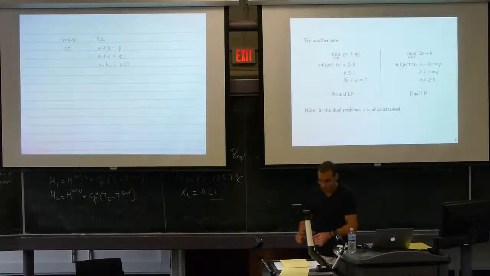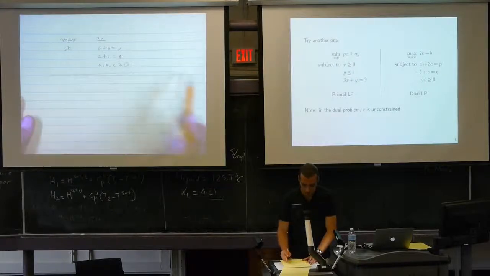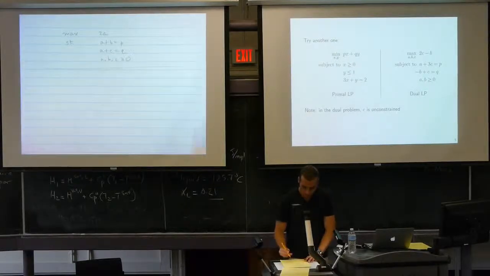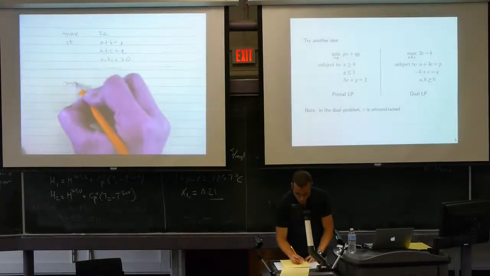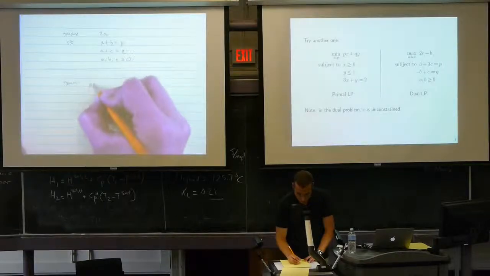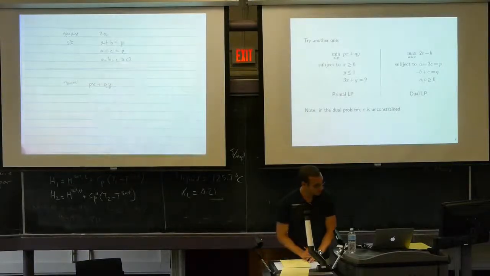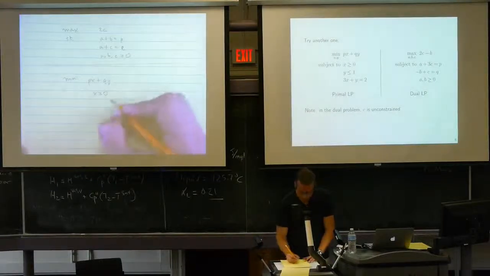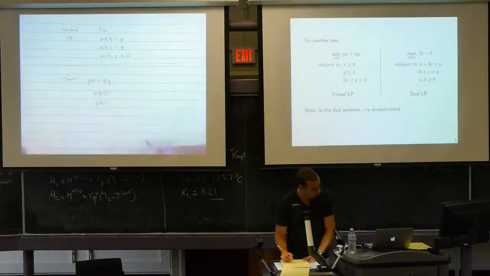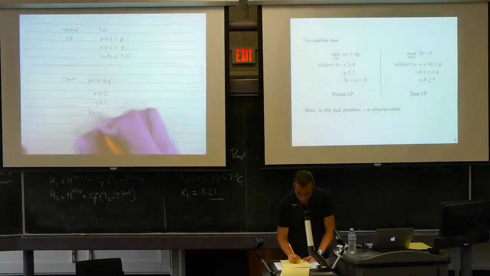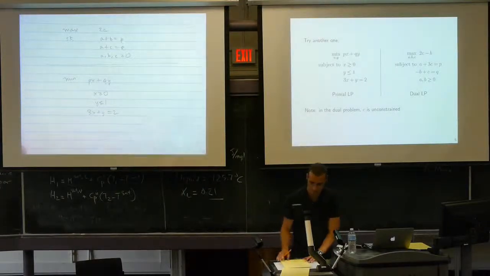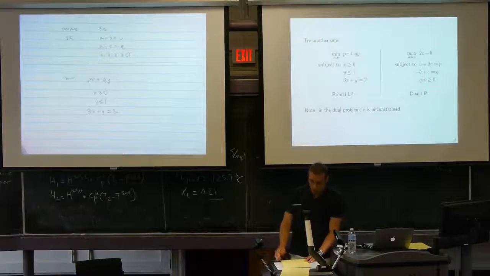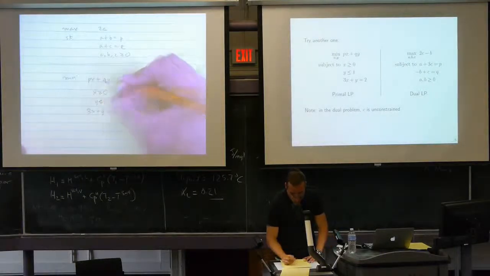All right, so we're going to try another one just because practice is helpful. Now I have minimum px plus qy subject to x being non-negative, y being less than or equal to 1, and 3x plus y equal to 2. And I want to construct a lower bound for the objective.